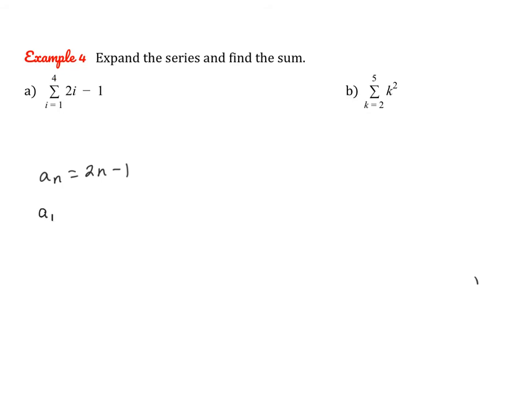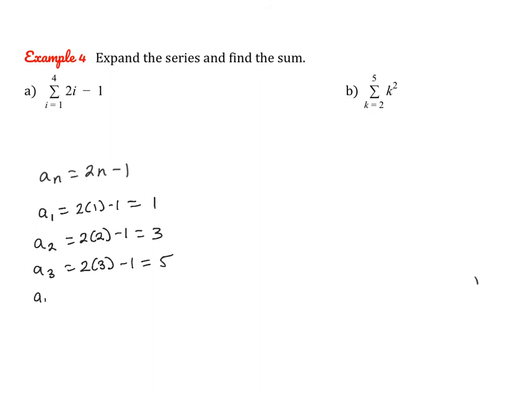So a sub 1 is going to be 2 times 1 minus 1, which is 1. Our second term would be 2 times 2 minus 1, so 3. A sub 3 is 2 times 3 minus 1, which is 5.